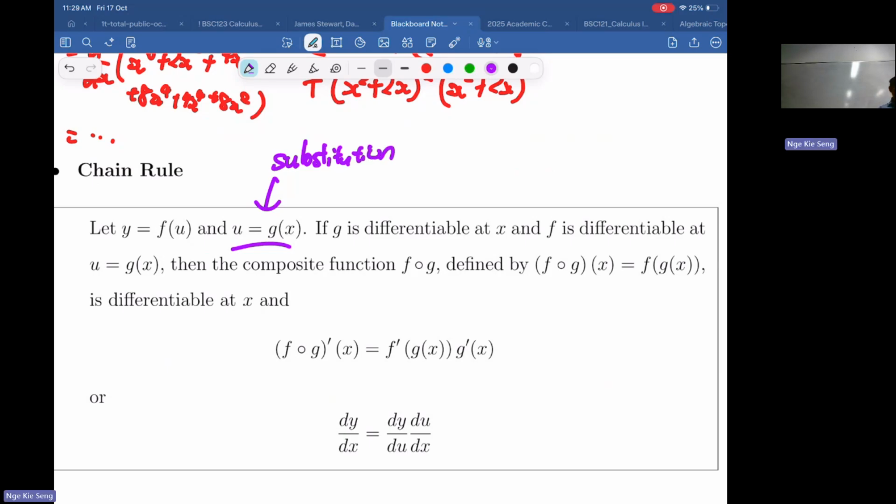So let's say g is differentiable at x, and f is differentiable at u. This is a bit like the limit condition. If the limit exists at g, and f is continuous there, then everything is continuous. Then we will know how to find the derivative of a composite function here. Previously, we also have this kind of sequence.